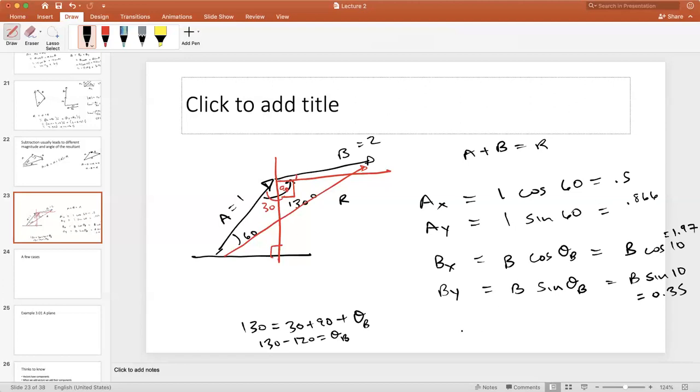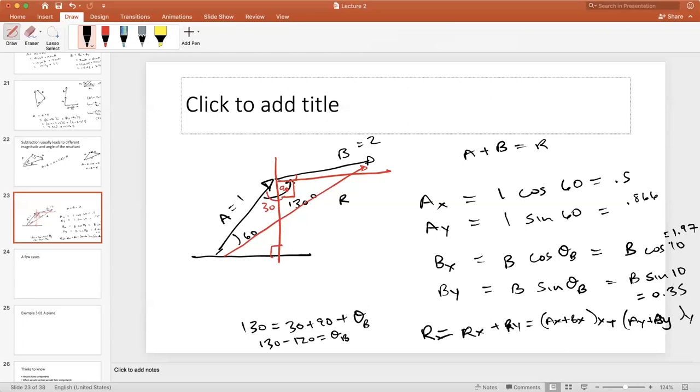So if I add these together, my R has Rx plus Ry, which is Ax plus Bx in the x hat, plus Ay plus By in the y hat.